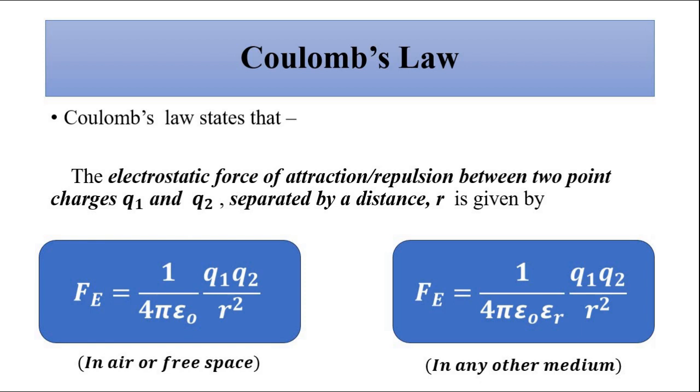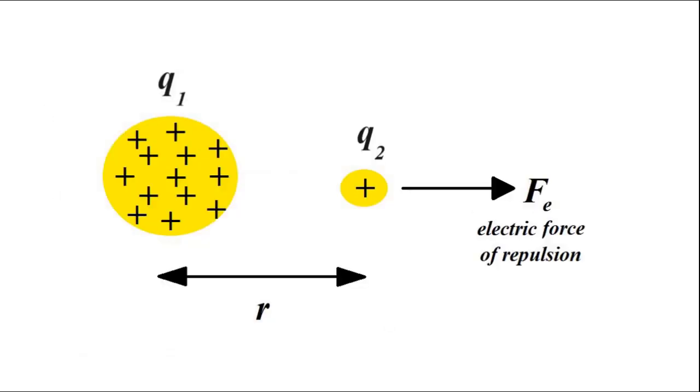So let us say we have two charges, Q1 and Q2. Their magnitudes can be different, they can be the same, whatever it is, they are separated by a small distance r. Here there are two positive charges, so there will be a force of repulsion. If one is positive and the other is negative, there will be a force of attraction. If both are negative, again repulsion.